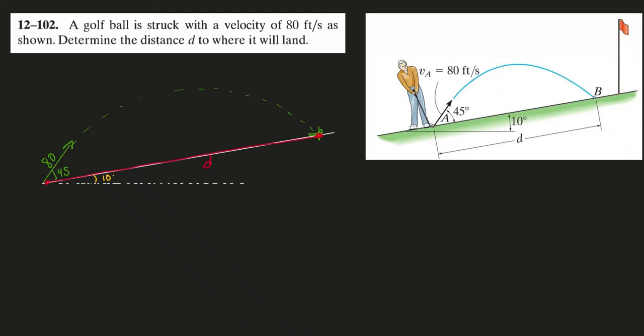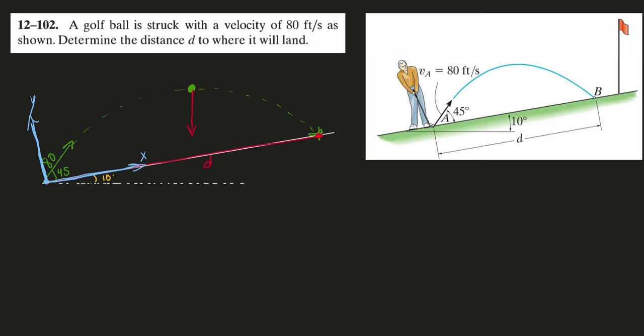So, same problem as before, but we'll make our x-axis up the ramp, or up that incline, and our y-axis, of course, will be perpendicular to the x-axis. And the real danger here is that our golf ball, we know its acceleration is going to be 32.2 going downwards.